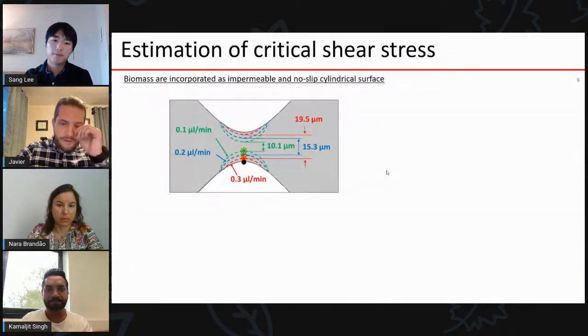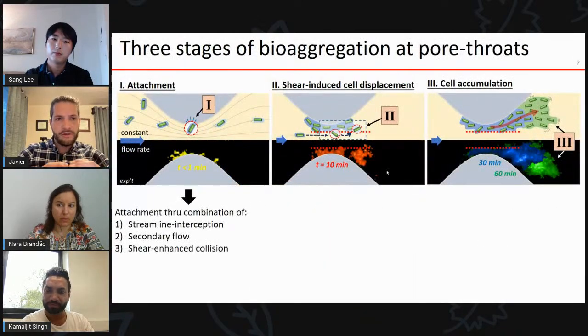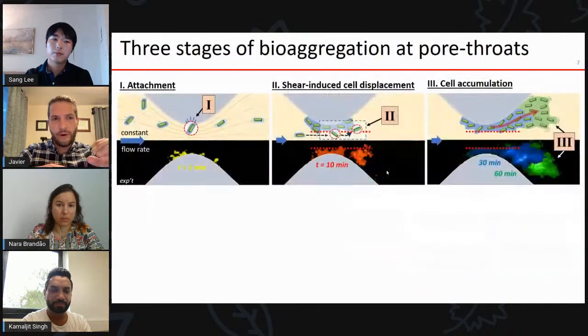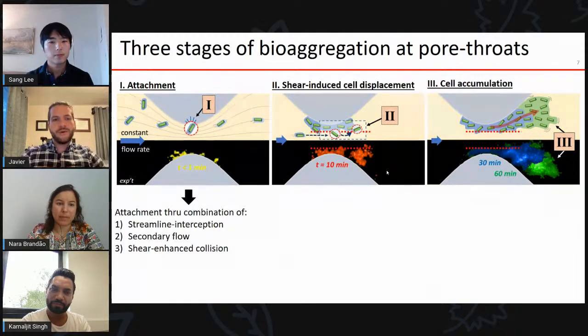I wanted to ask you, you mentioned that that's due to the collision of the streamlines, that they all go through the pore throat, and that's where the cells start nucleating. Do you think this is due to the higher concentration in that region, or how do you explain that phenomenon in layman's words? I would say yes.